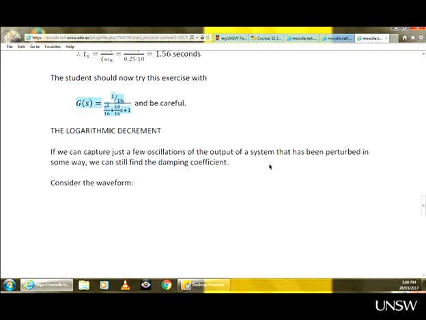Okay, so look into this system, the example that was not solved in the lecture.